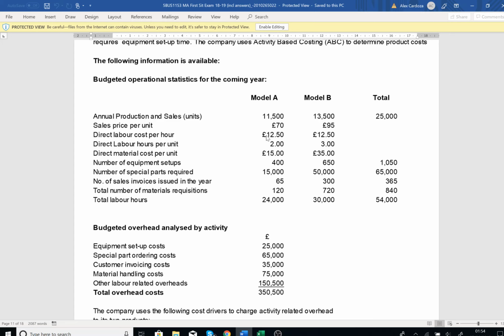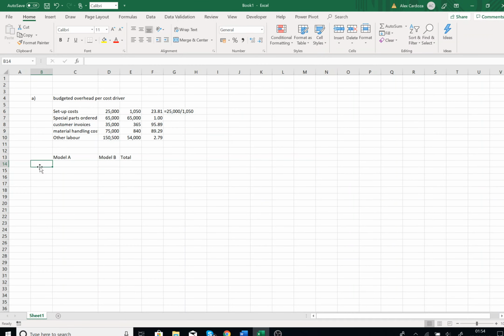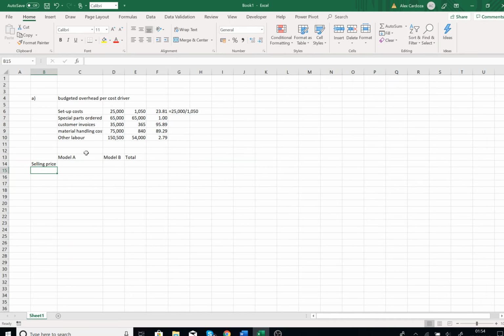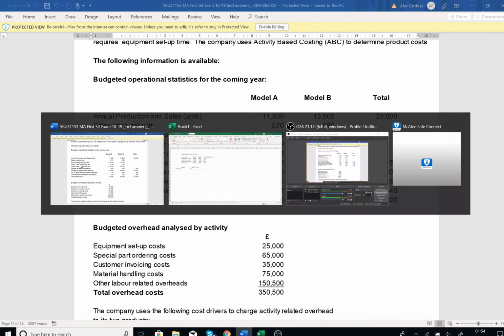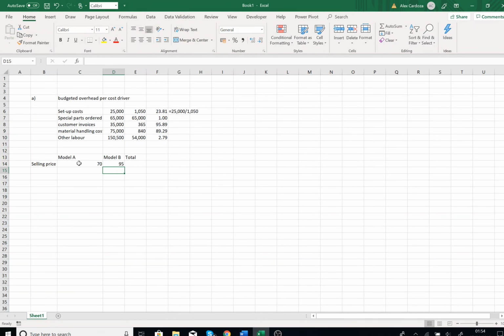You've got £12.50 per hour, and then labour hours per unit and direct material cost per unit. So what we are going to do is go selling price, which is 70 and 95, then labour costs.